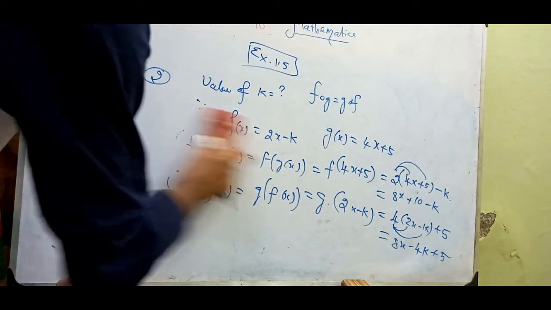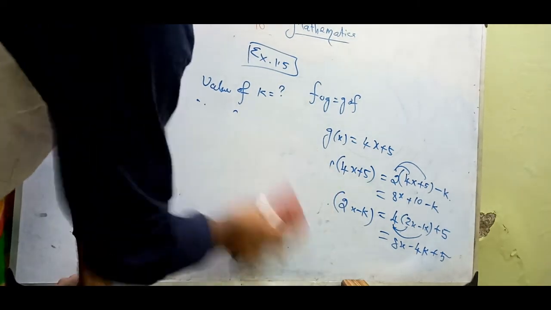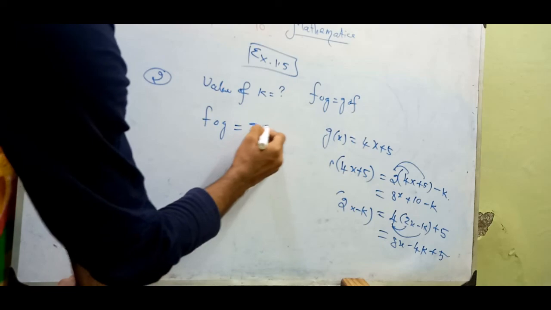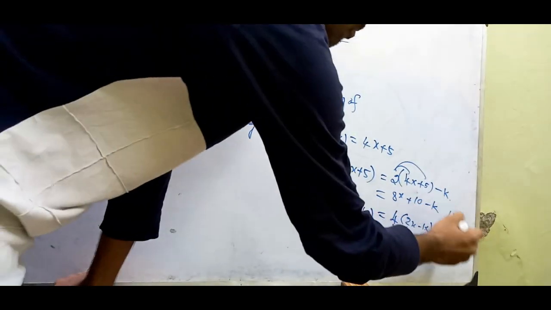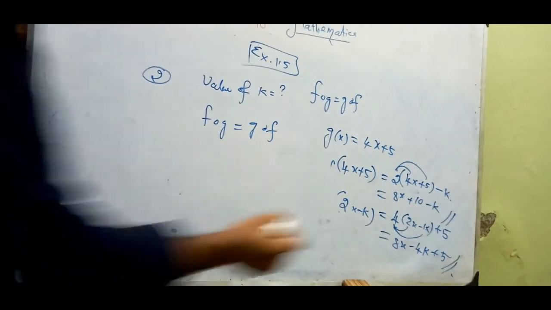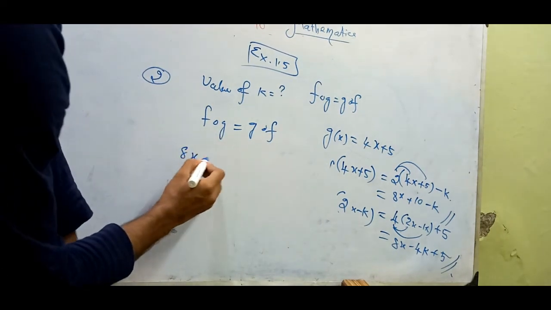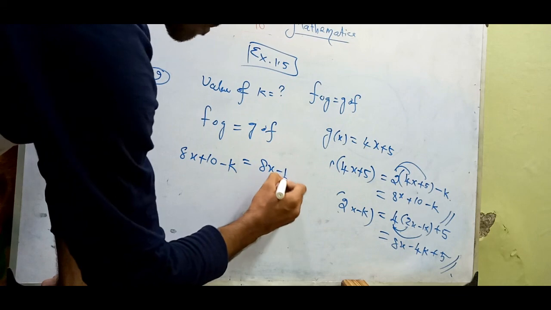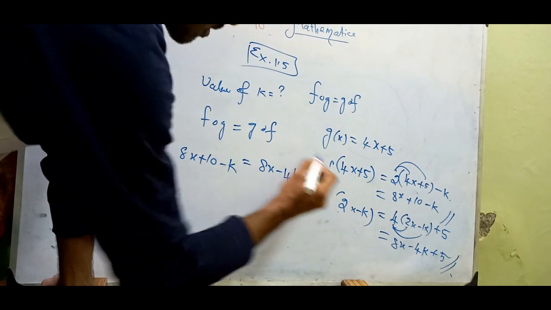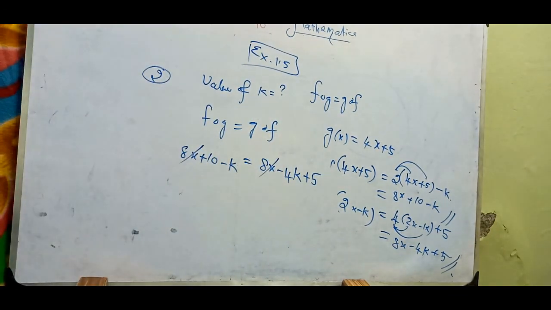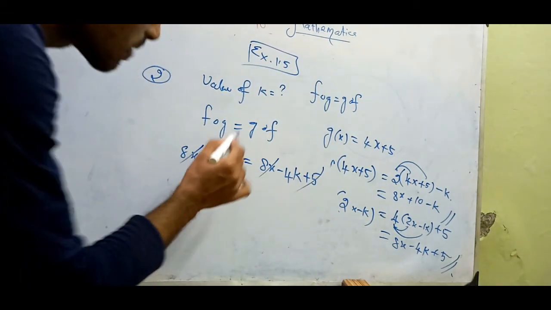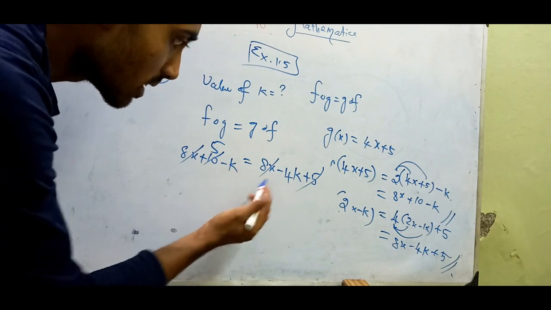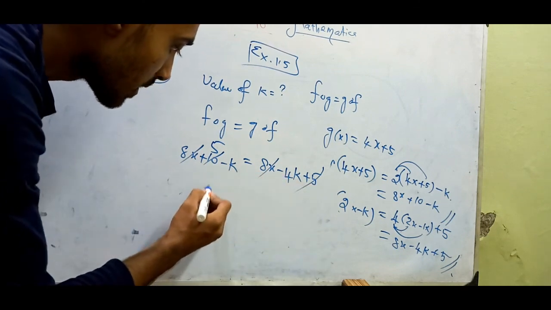Since now it is given f compose g and g compose f are equal, we know that just now we have found f compose g is 8x plus 10 minus k and g compose f is 8x minus 4k plus 5. Okay, so 8x and 8x will get cancelled. Next we have to take all those elements in terms of k.